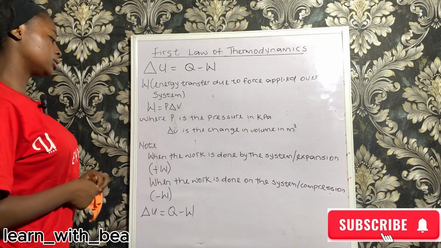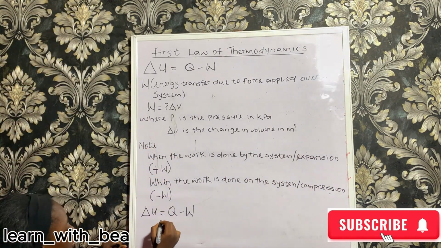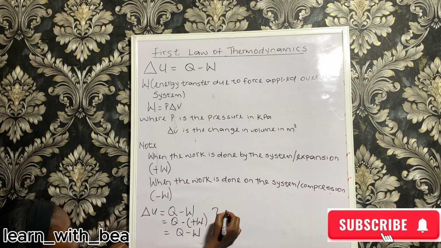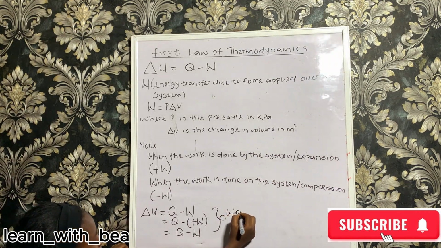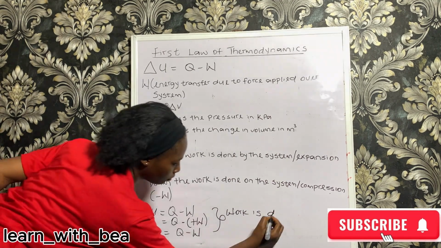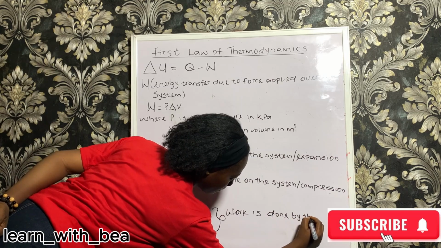In this case that is plus W, and minus times plus is minus, so it will take us back to our formula. This is when work is done by the system.